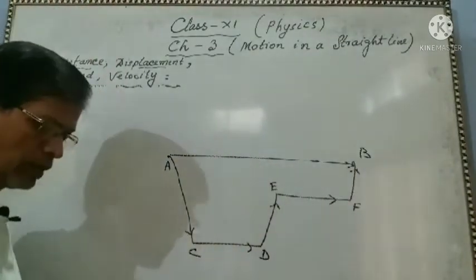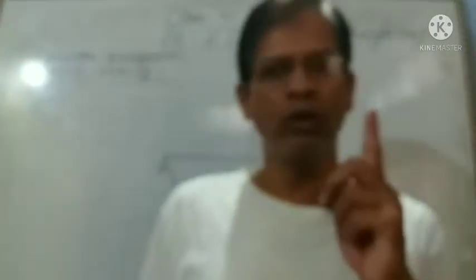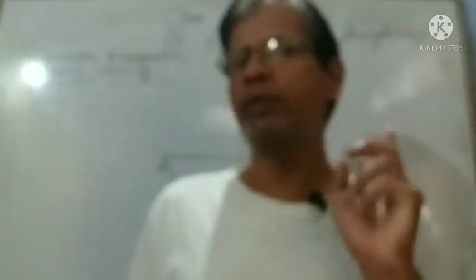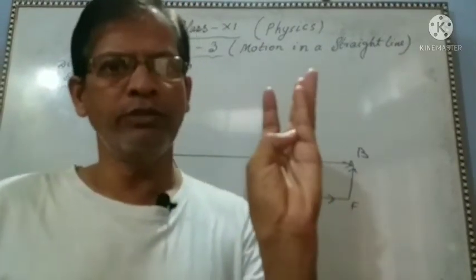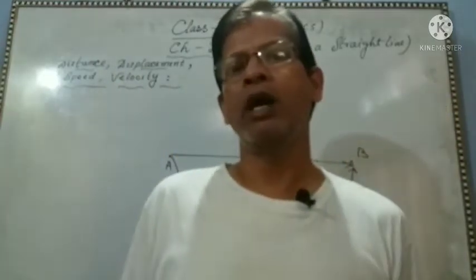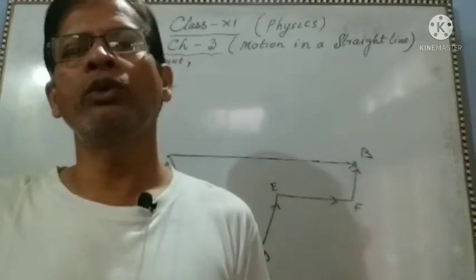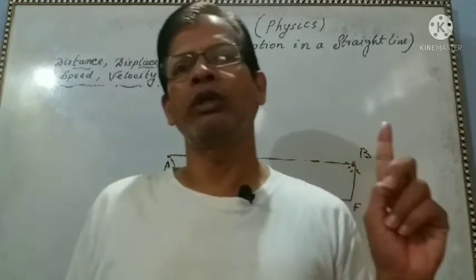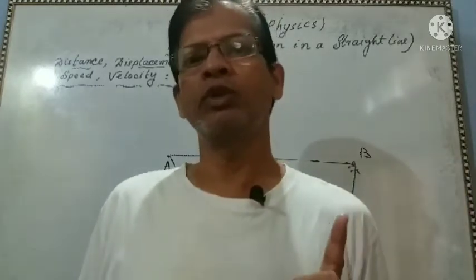Now, characteristics of displacement. It is a vector quantity. It can be positive, 0 and negative. How positive? Suppose you have gone from your home to college, this is positive.